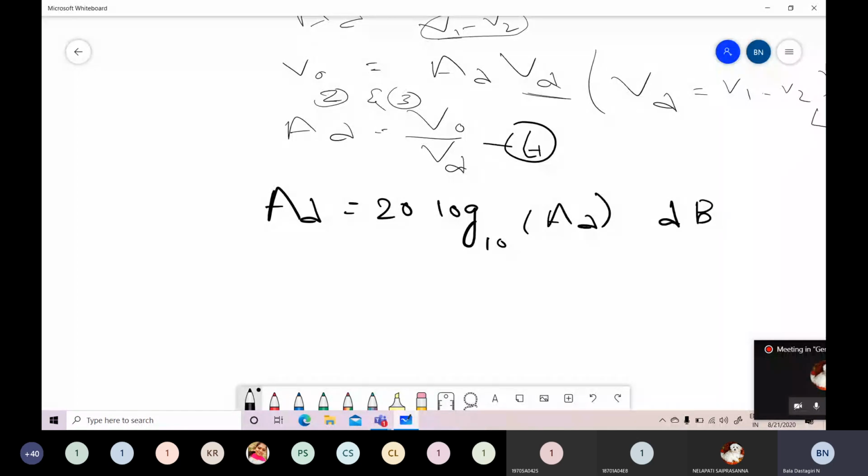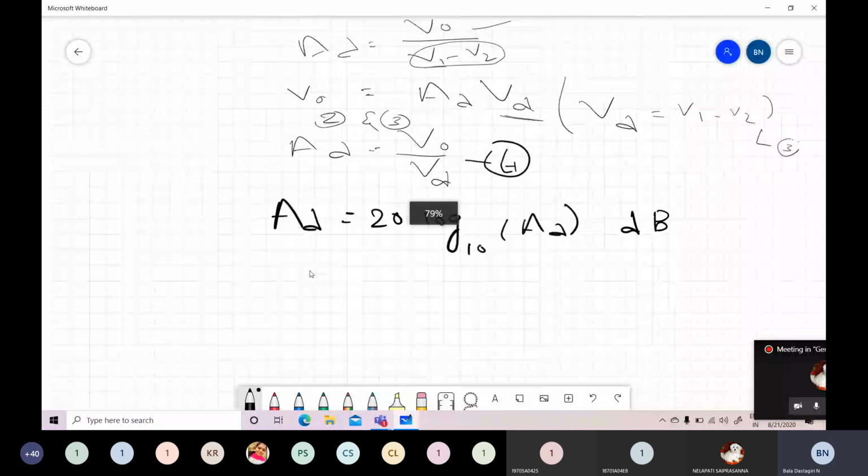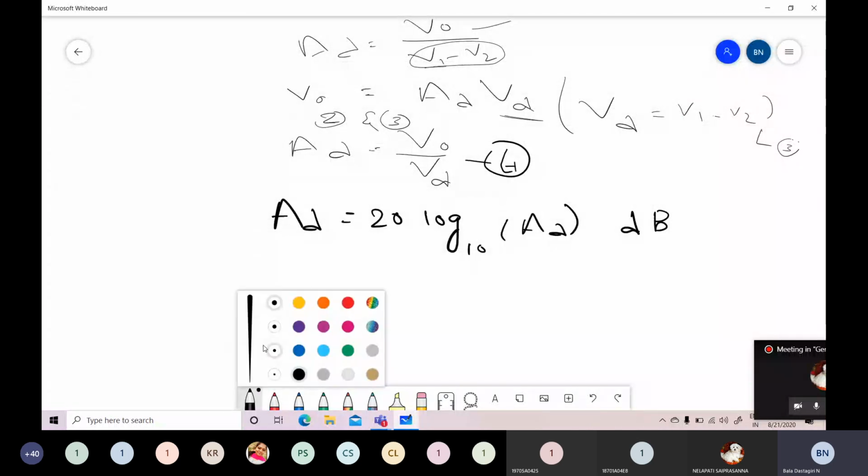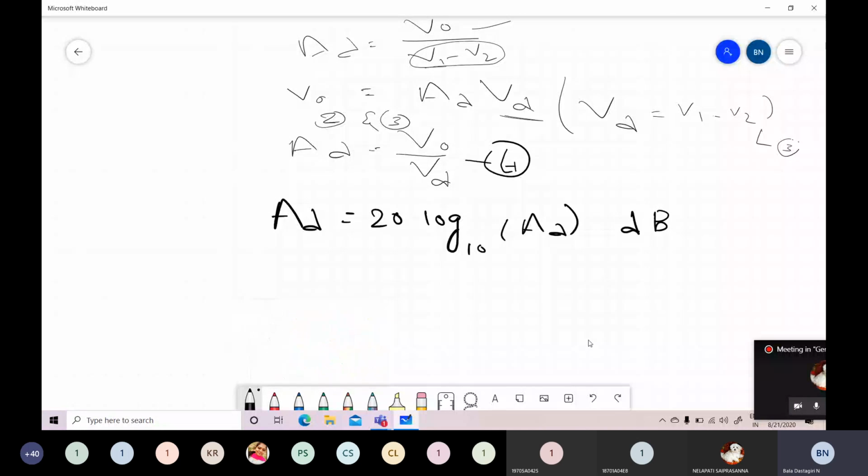Now let us see about the common mode gain. So far we have seen AD, which is the differential mode gain. From equation 2, V0 is equal to V1 minus V2 into AD.